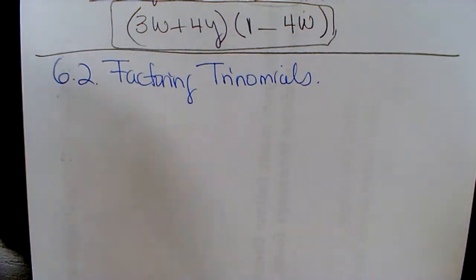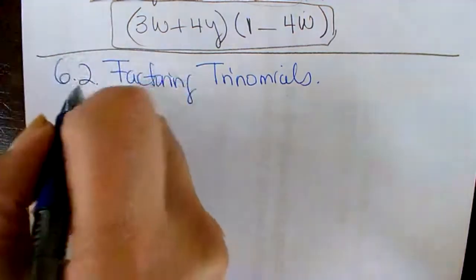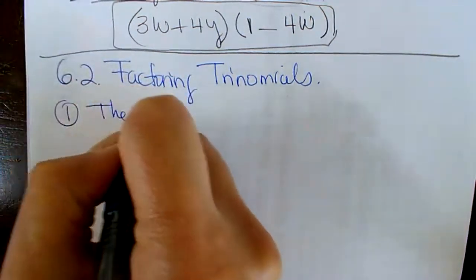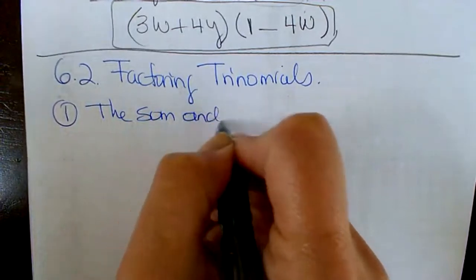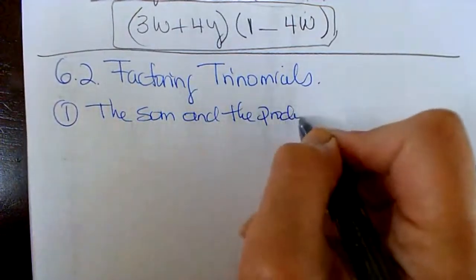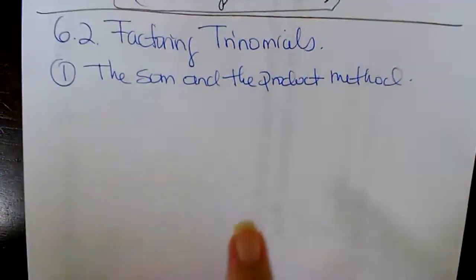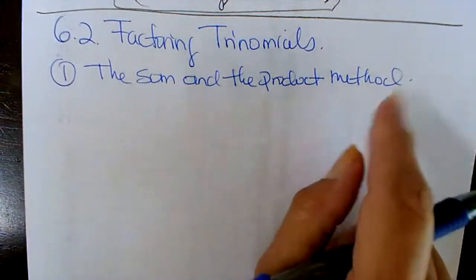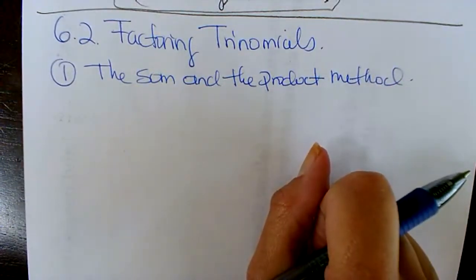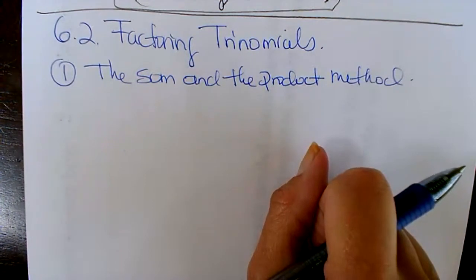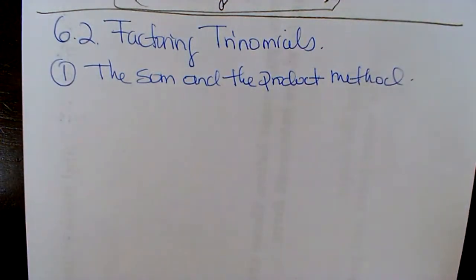We're going to factor a trinomial by the sum and the product method, okay? So, we were doing factoring by grouping because we had 4 terms, right? And then we split it into 2 groups of terms.